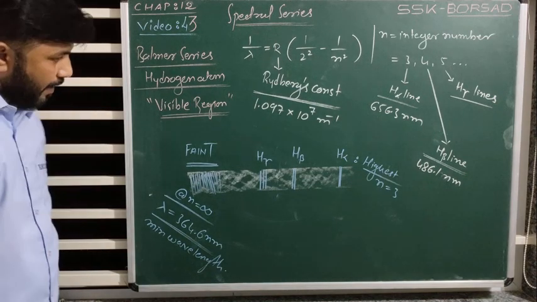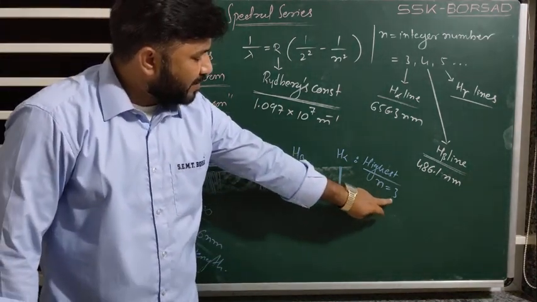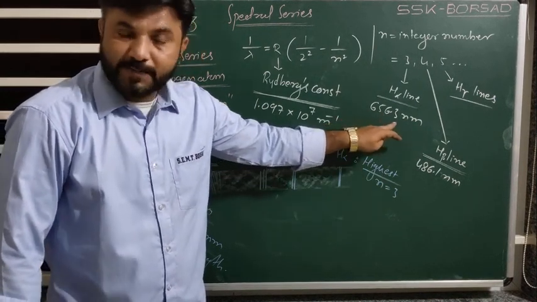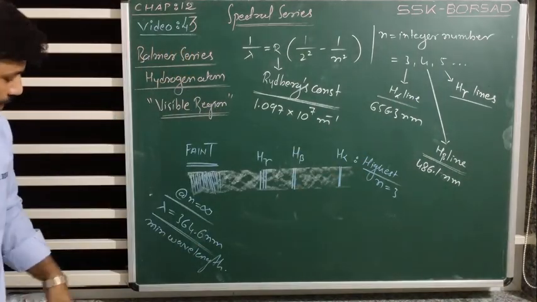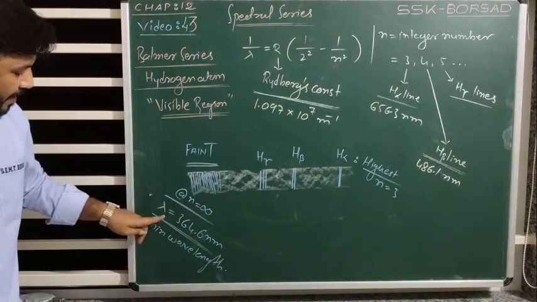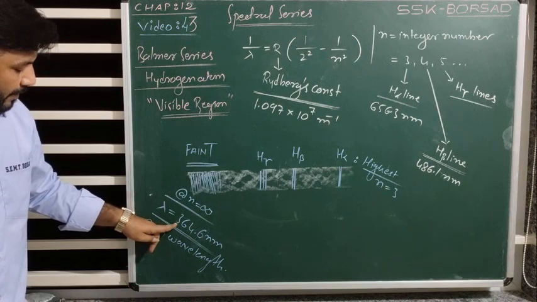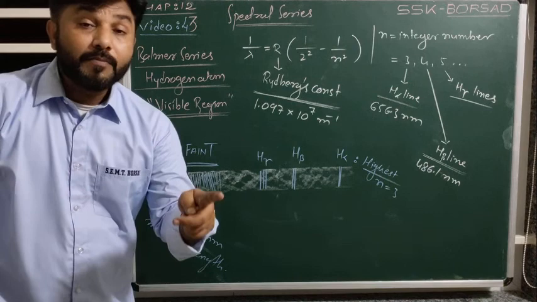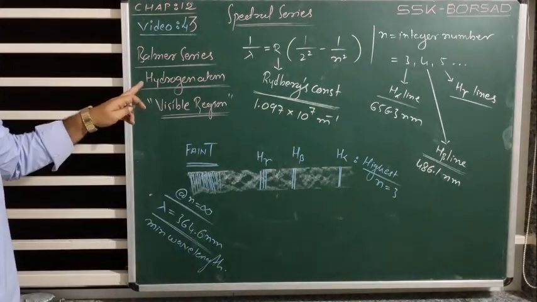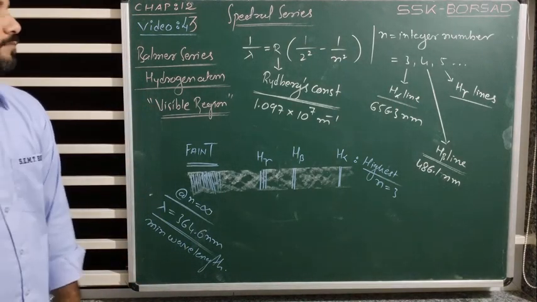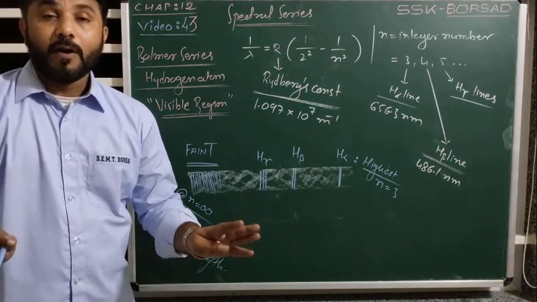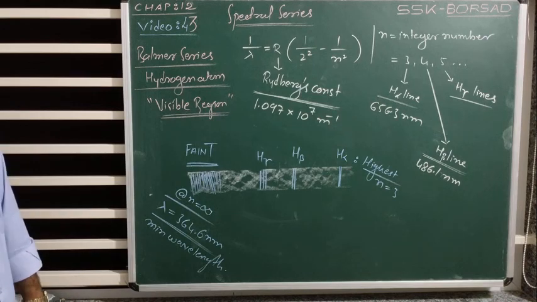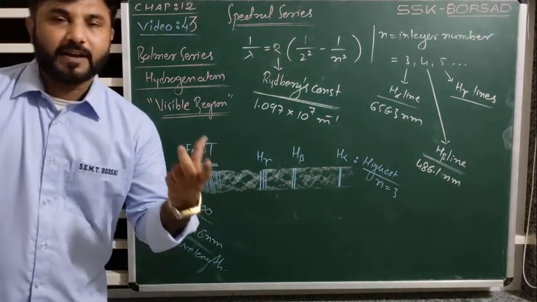So if you take n is equal to 3, you will get the highest wavelength, that is 656.3 nanometer, and if you take n is equal to infinity, then you will get lambda is equal to 364.6 nanometer, which is the minimum wavelength. Minimum wavelength of which atom? Hydrogen atom. This is all about Balmer series. Okay, have a look for a few seconds.